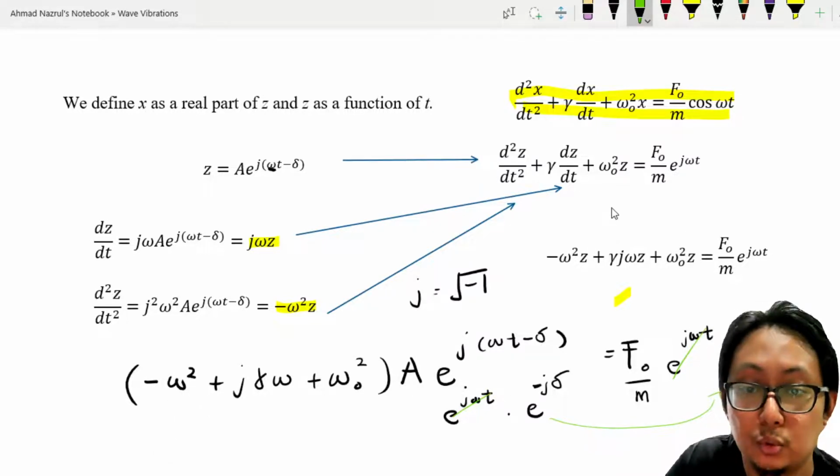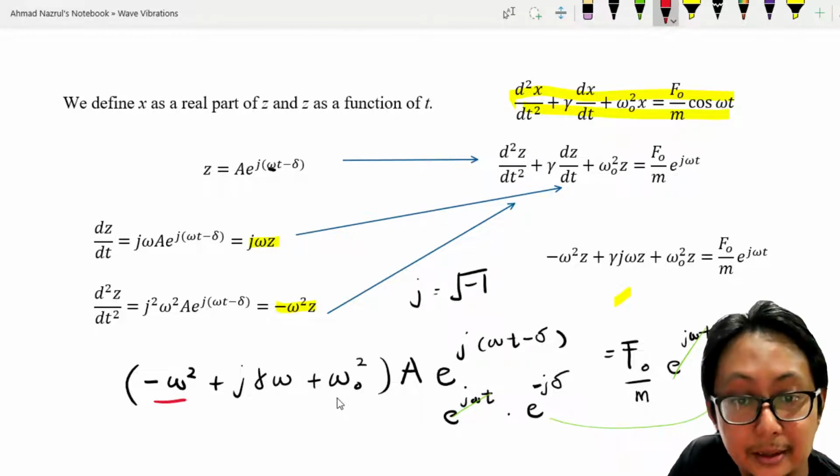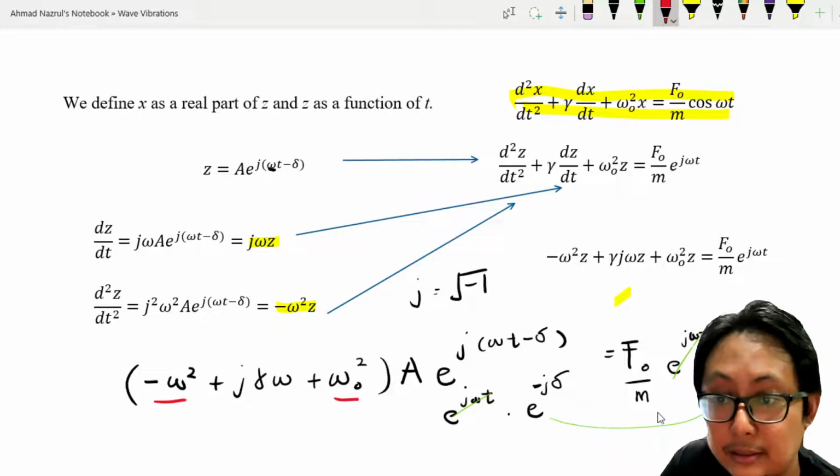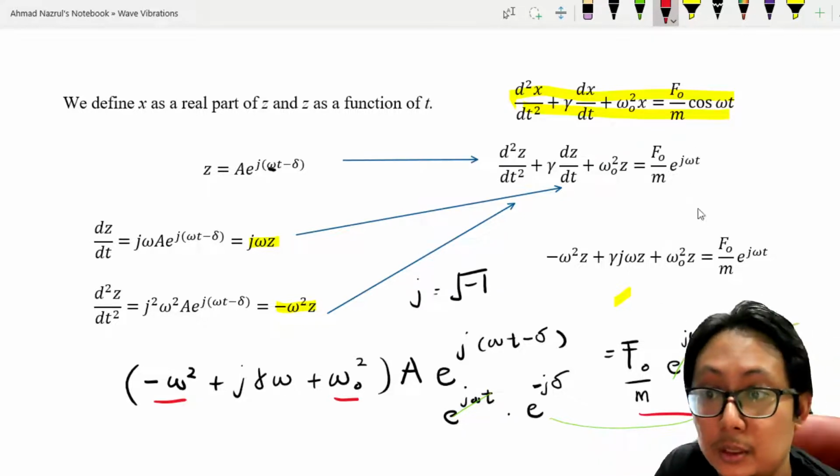We can split this into two because we have a real part and an imaginary part.